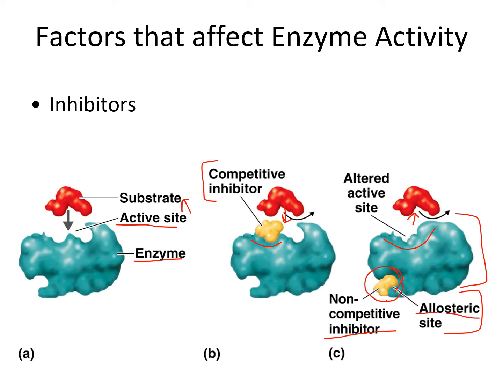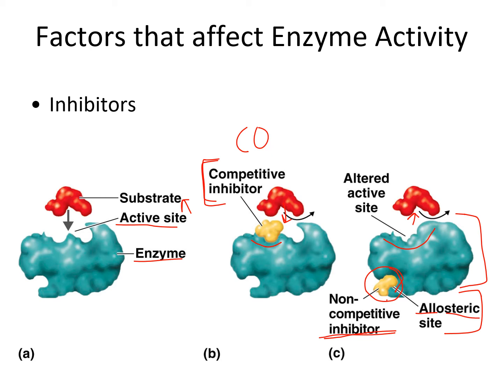Many inhibitors are considered poisons. So for example, a competitive inhibitor for humans is carbon monoxide. So carbon monoxide will actually bind to hemoglobin instead of oxygen. So that's acting in a way as a competitive inhibitor. A non-competitive inhibitor example is cyanide.